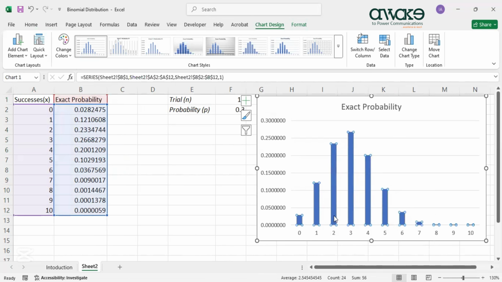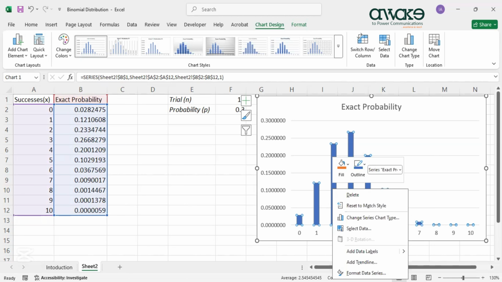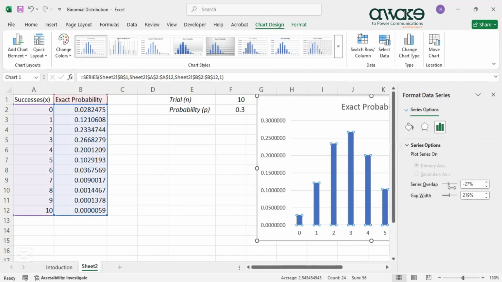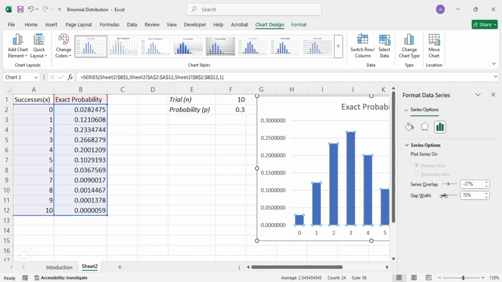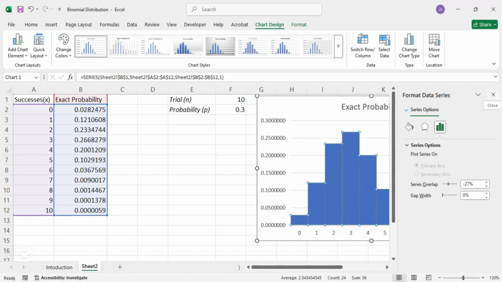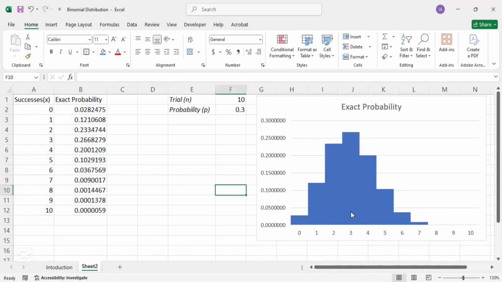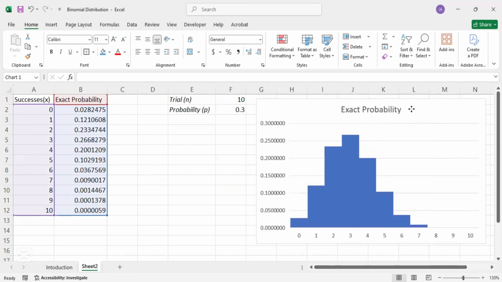We can adjust the size between these columns so that it actually looks well clustered. Let's right click and say format data series. Then we want to reduce the gap width. If you reduce the gap width to 0, you are going to have a full cluster to show your probability.